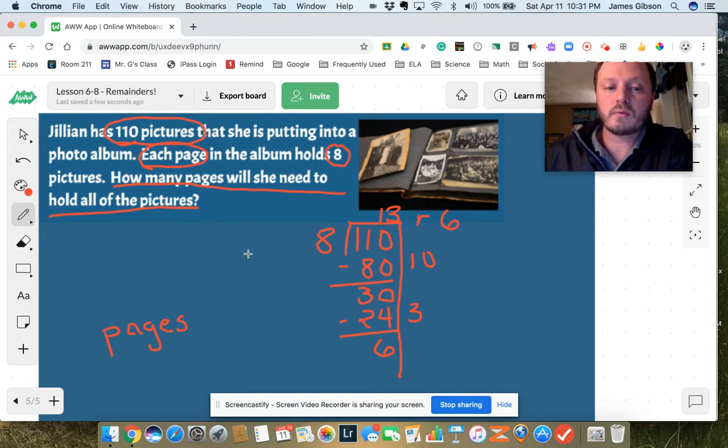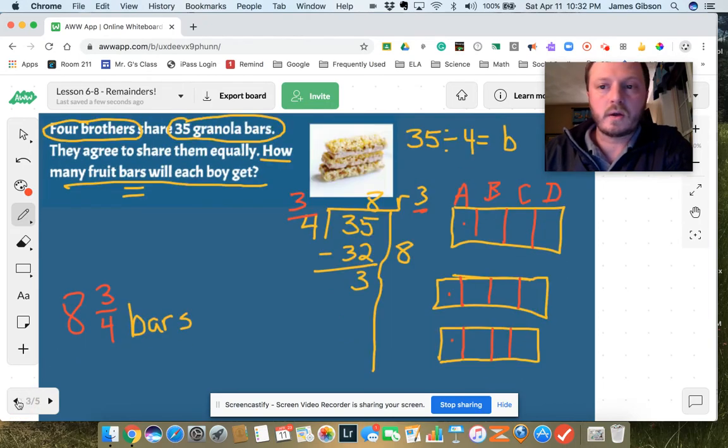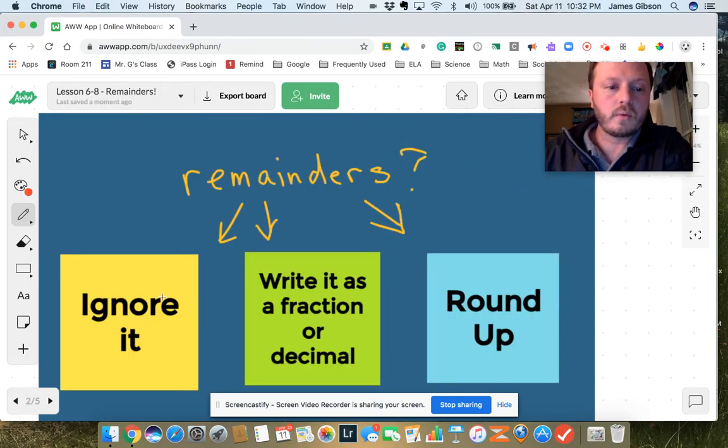So we're going to round up to 14 pages because those 6 pictures need to fit on some kind of page, right? And that is what we do when we round up. Okay, so those are the three examples. Three examples of what we do with a remainder. We ignore them, we write it as a fraction, or we round up.